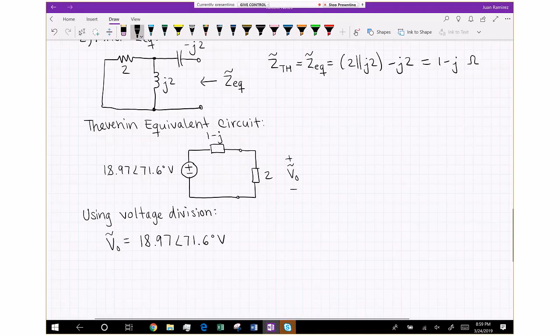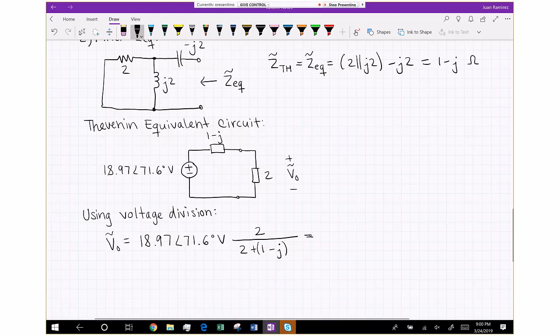Okay, so voltage division again to find that V out. You multiply the source voltage across the series impedances by the impedance you're looking for the voltage across in the numerator, divided by the sum of the series impedances in the denominator.